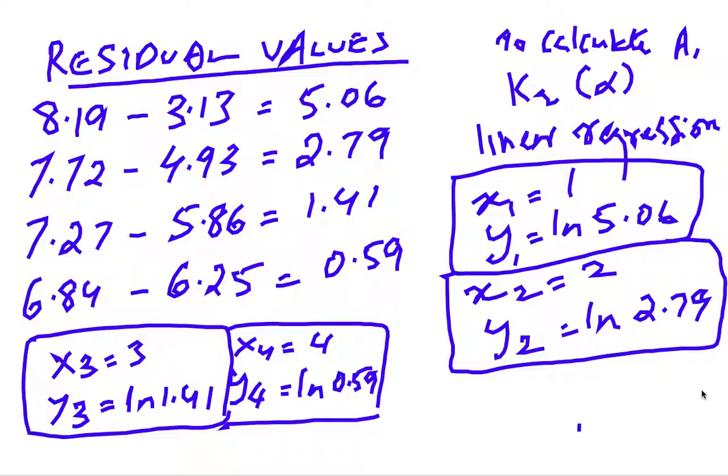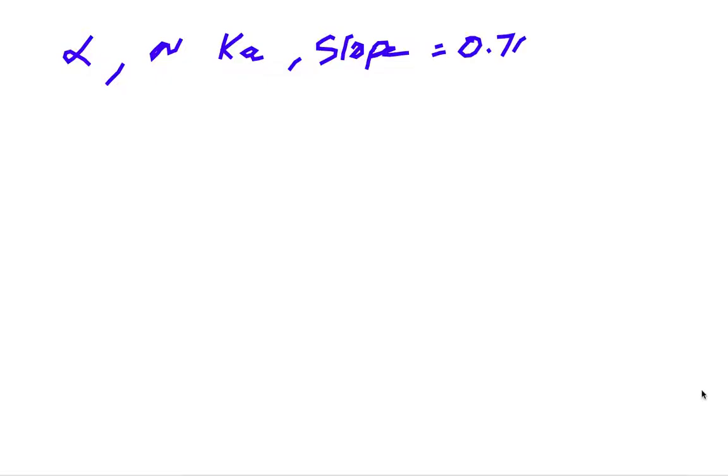You just keep scrolling until you highlight A, which is your alpha or Ka, or the slope, which is 0.712 per hour if I use 3 decimal points.